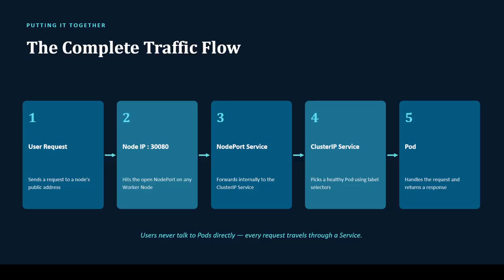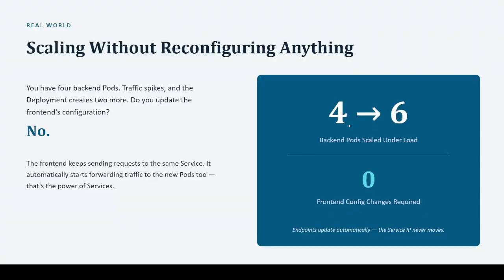Now let's go through the complete flow once. Whenever a user sends a request to a node's public IP address, it will hit the open port on any worker node. The NodePort service forwards it internally to the ClusterIP service, and the ClusterIP service picks any pod, and then the request reaches that particular pod. Okay, so this is the complete flow.